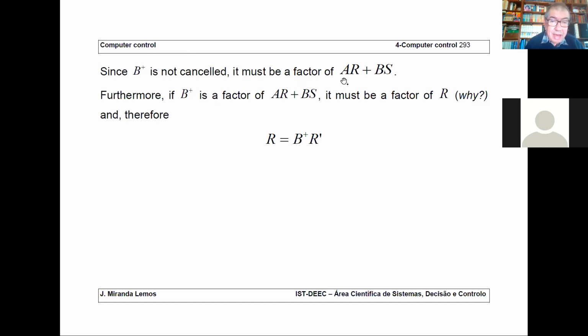So it must be a factor of AR plus BS because these are the closed loop poles. The closed loop poles are going to cancel the zeros that you want to cancel. Now, B plus must be a factor of AR plus BS. So AR plus BS is a product of B plus and some other polynomial, okay?